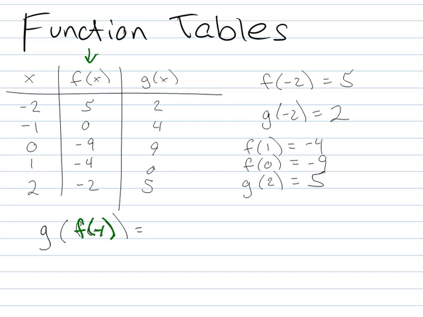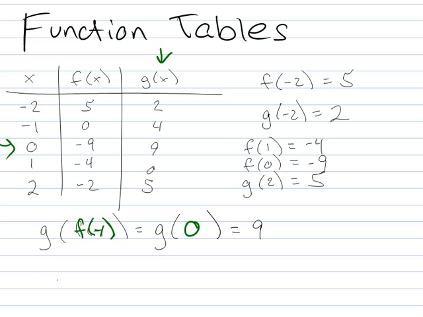And look, f of -1 is 0. So that means instead of f of -1, we have 0. So now we're going to look at g of 0. And we're going to get g of 0 is 9. Fun? Kind of. A strange definition of fun.